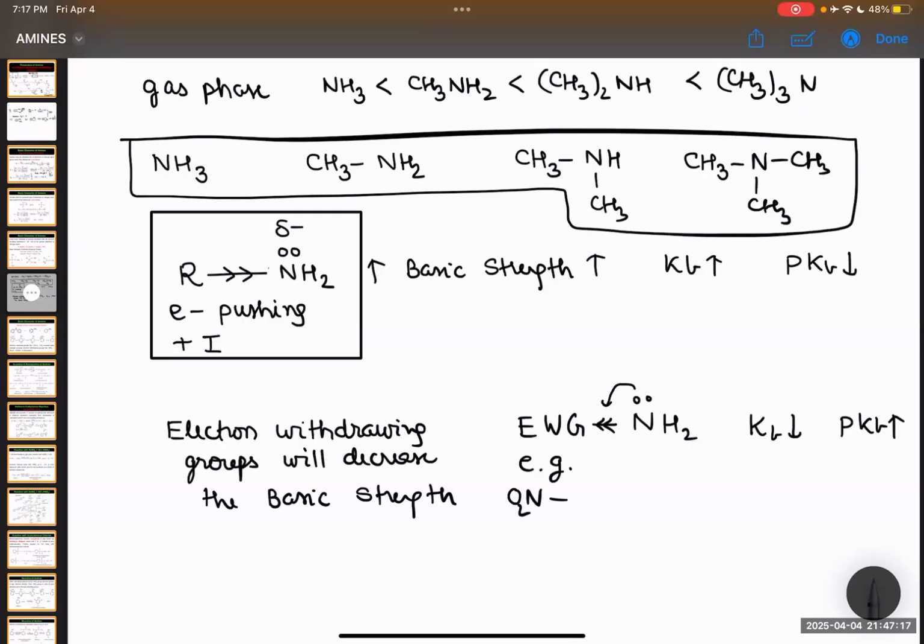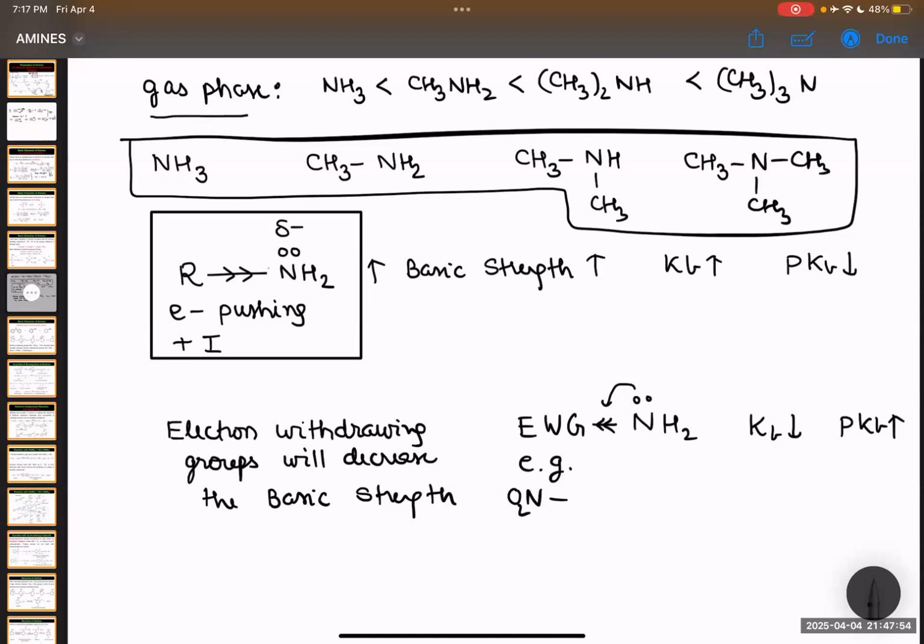Why is it very simple? What could be the reason? Meera and Upasna, why is the primary amine more basic than ammonia, and dimethylamine more basic than methylamine, and trimethylamine more basic in gas phase?